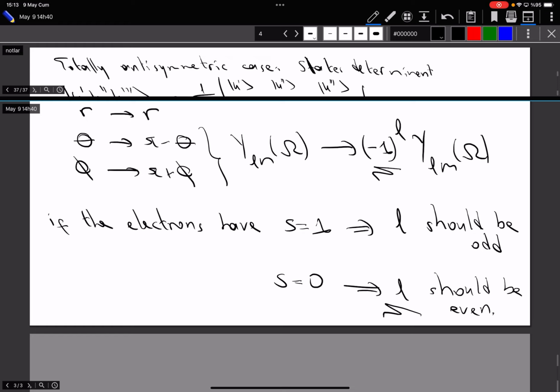Again, I underline here, this is true even if there are no spin-spin interactions. In fact, even if the electrons are not interacting with each other in any way whatsoever, their spin determines the possible values of angular momentum because of this statistics.